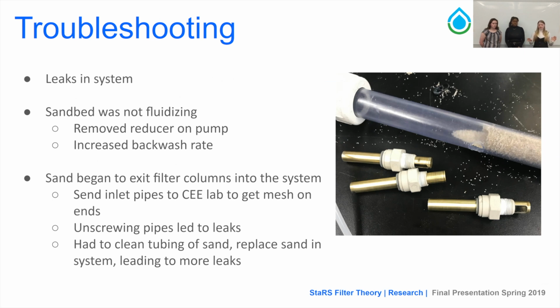Also, while we were running, sand began to exit the filter columns into the system because we didn't actually have mesh in one of our inlet pipes. So we had to send these inlet pipes to the lab to get mesh on the inside, and while we were doing this whole process, we generated more leaks. So we had to fix that as well.